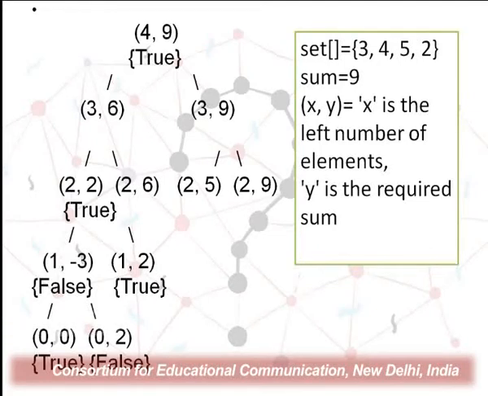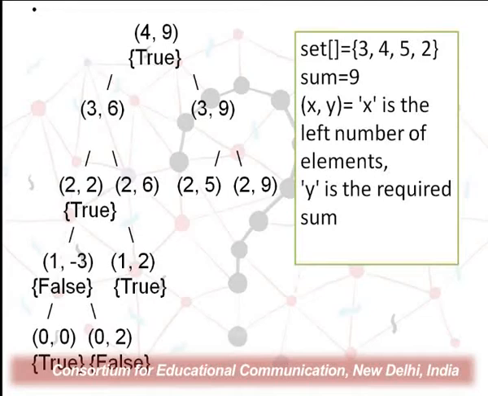So in this way again our 2, 2 will give in the next recursion the value 1, minus 3. So your sum has become negative here. Then the second branch is going to give us 1, 2.